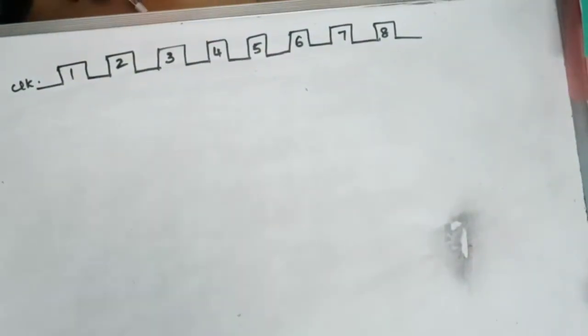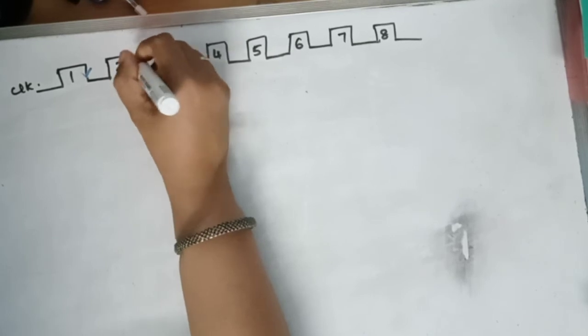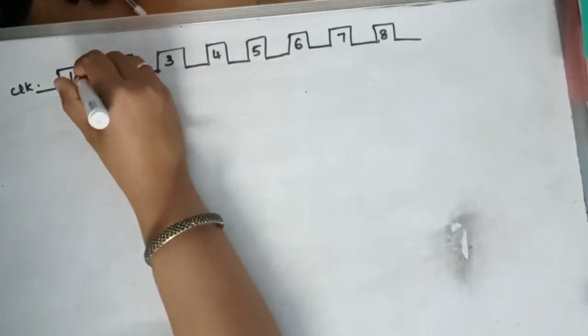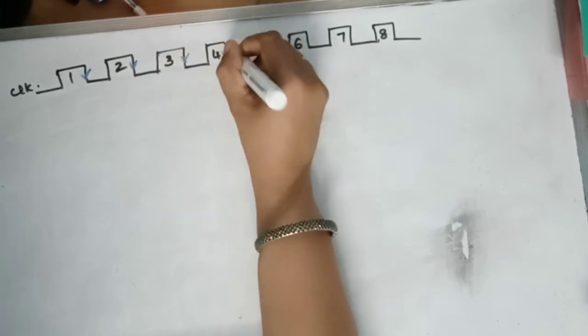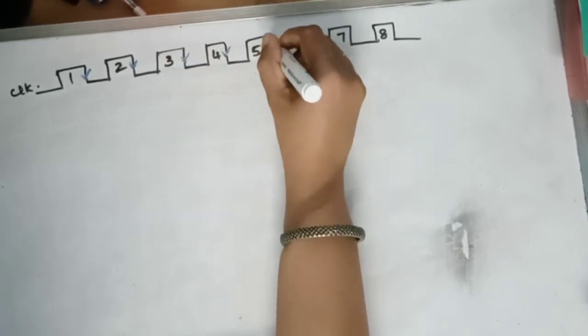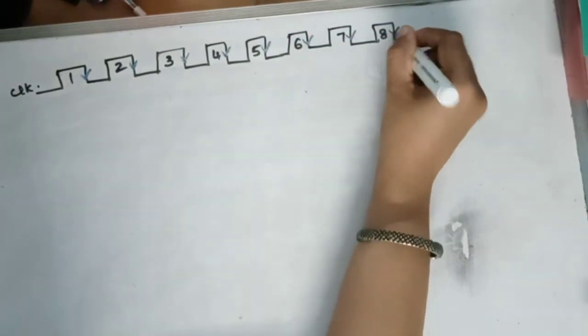Now each clock I am taking as negative edge triggered. So I'll notate it using an arrow at the negative edge for a negative edge triggered flip-flop.